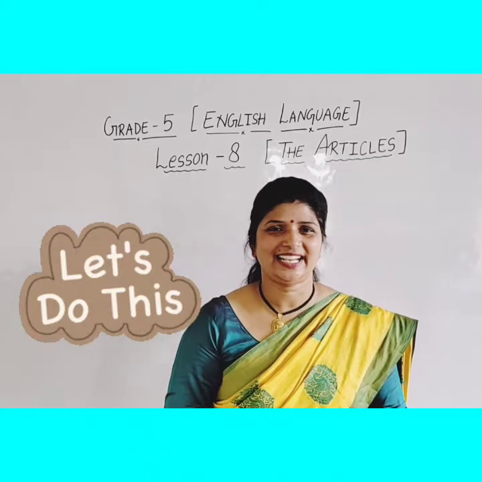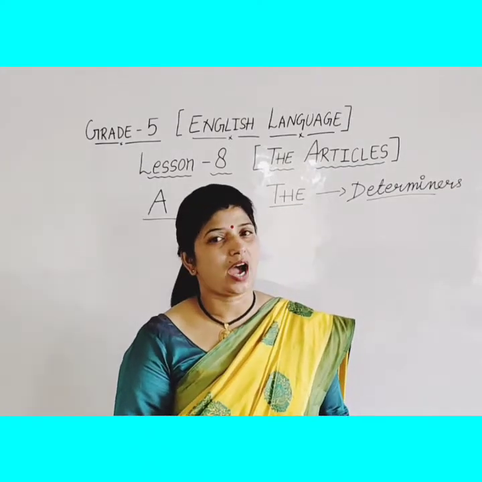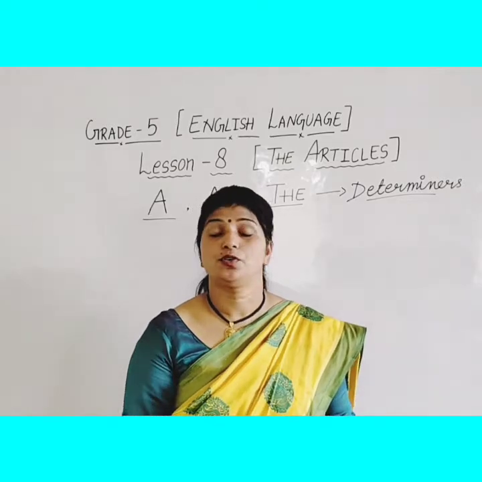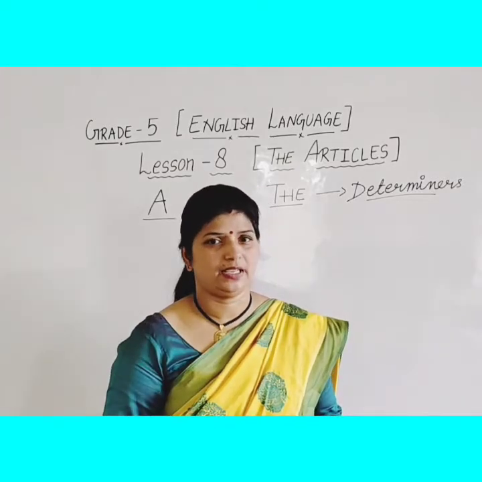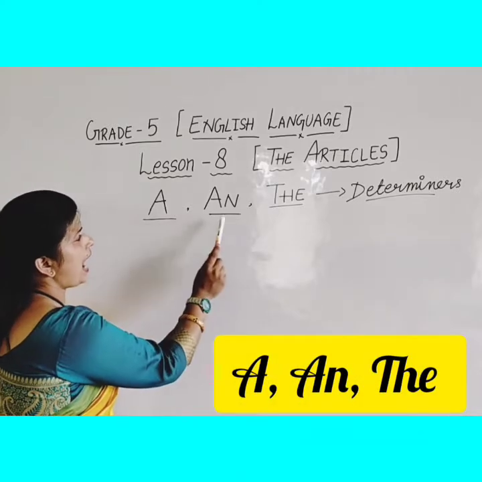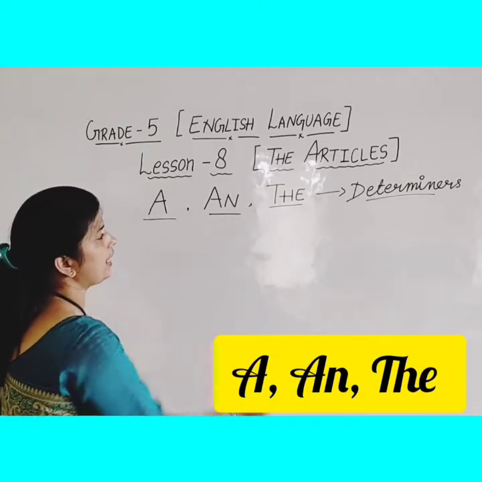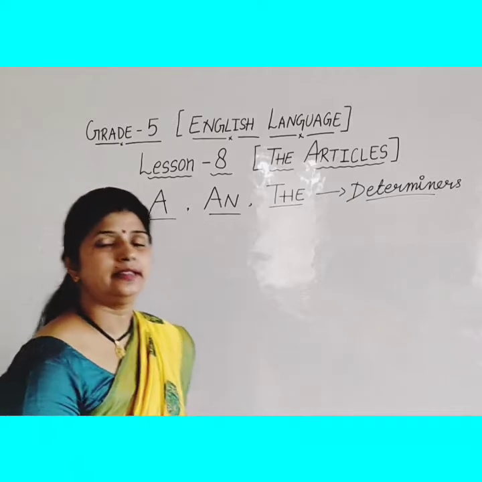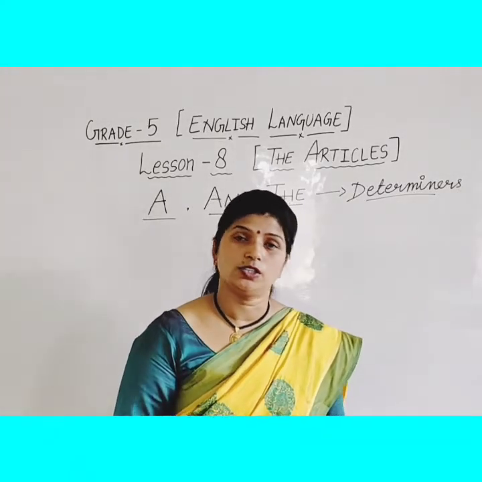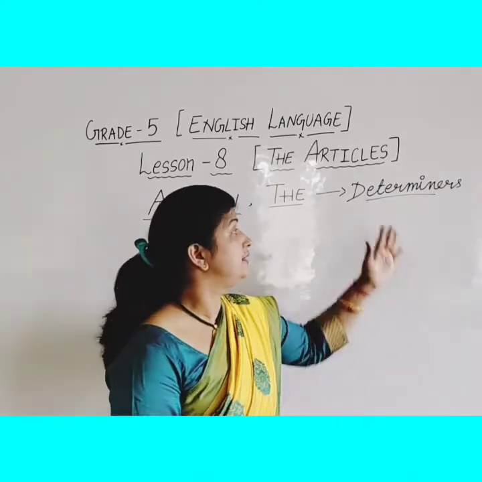So let's get started. My dear students, in your earlier classes you all must have studied that there are a total of 3 kinds of articles. What are those? A, an and the. And these a, an and the are your demonstrative adjectives, and we also call them determiners.